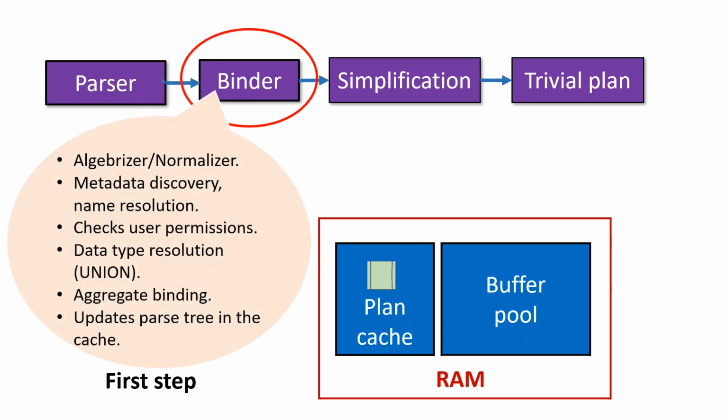The binder component, also known as the algebraizer or normalizer, will validate the objects that we are using in our query, like the columns or tables, whether they are valid or not. The parser will just identify the syntax, but the binder is the one which will identify and validate the objects we are using in our query.